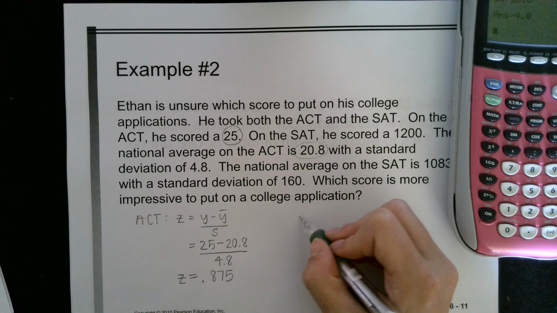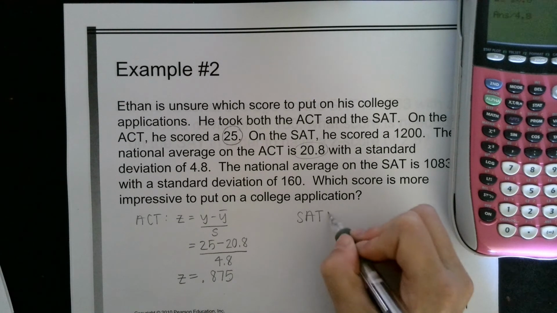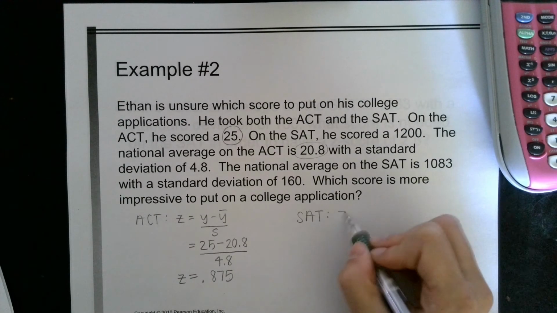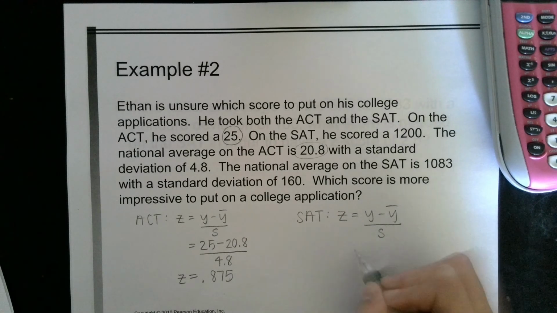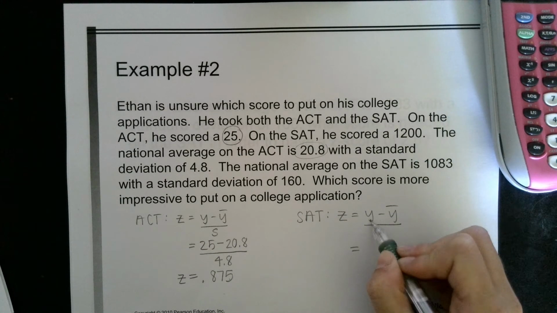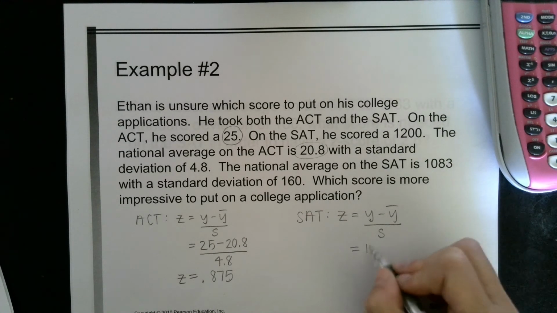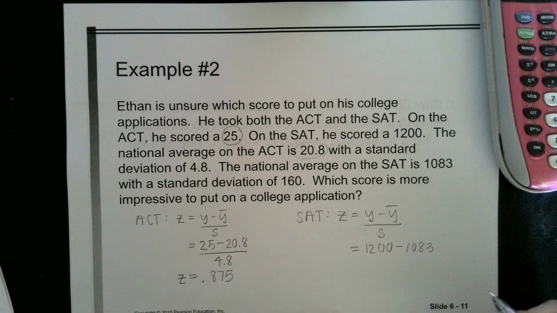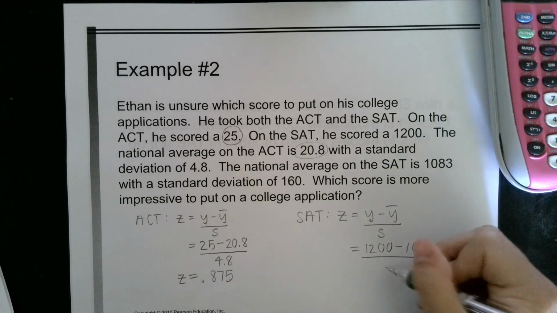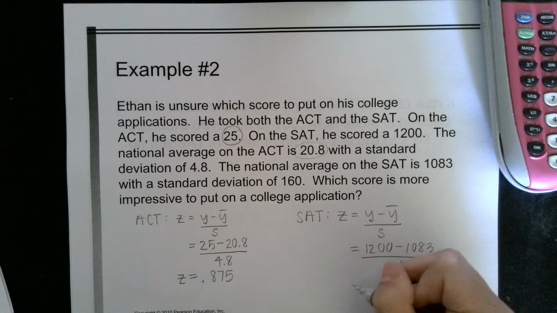When I go to compare that to the SAT, I'll do the same thing and calculate his z-score. His score on the SAT was a 1200 minus the average was a 1093 over 160.